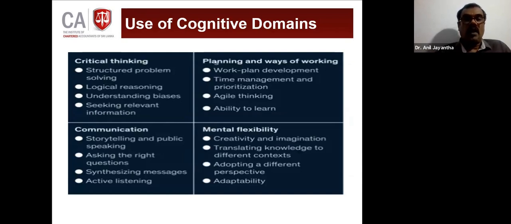If you have adequate, comprehensive, relevant knowledge only, you would be able to perform as a professional. Otherwise, you would not be able to fulfill or deliver your duties, and you would not be able to keep up to moral obligations and all those things. So these cognitive domains are very, very important.